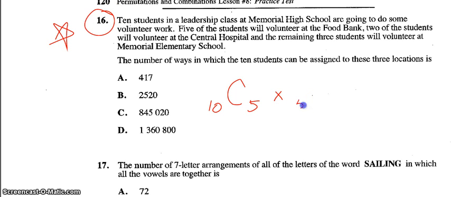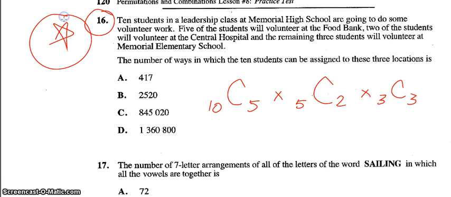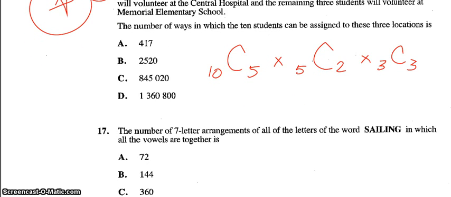From those 5 students, you choose 2 of them to go to the hospital. And the final 3, actually you don't need to choose because those are the 3 remaining. 3 choose 3. So this is how you do it. 10 choose 5, remaining 5 choose 2, remaining 3 choose 3. It's a new question we never saw before, but this is how you solve it.